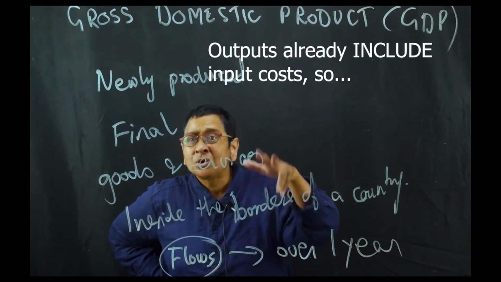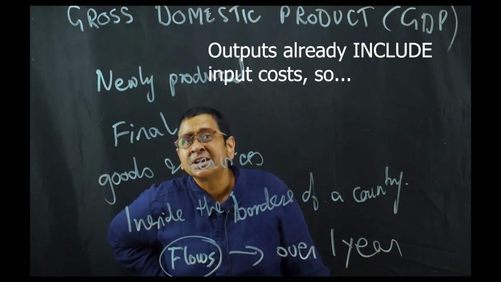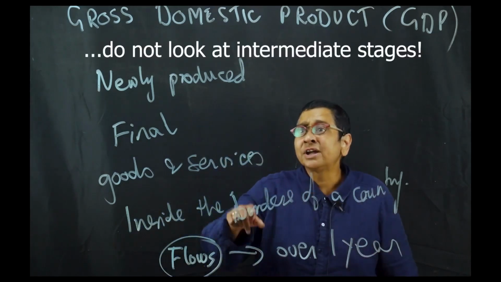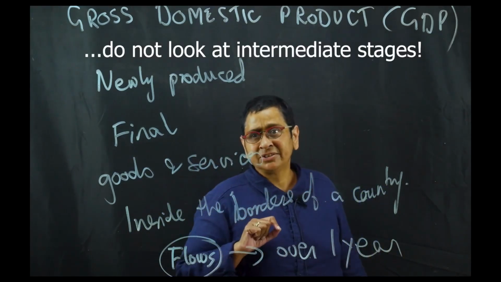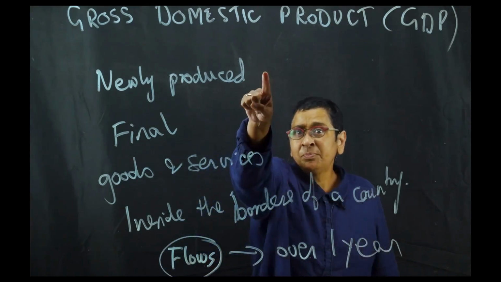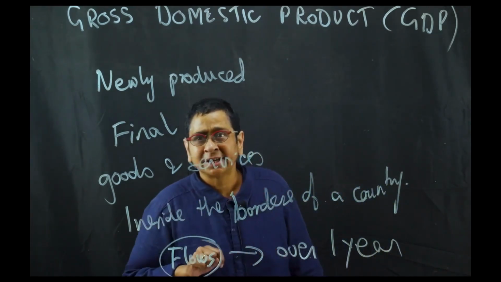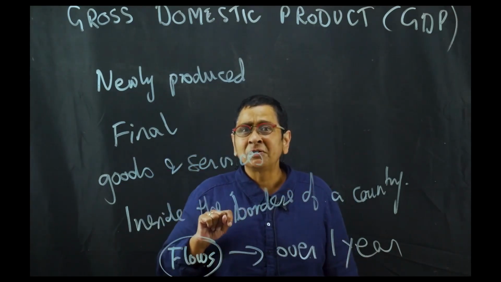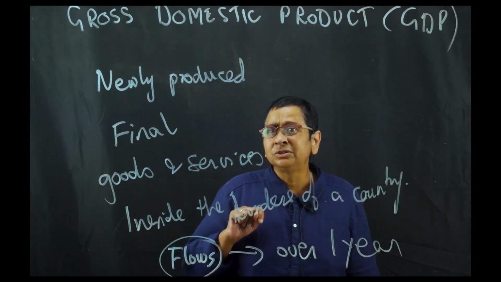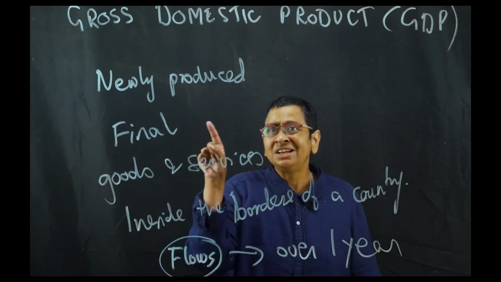So outputs already include input costs, and so therefore I'm going to look at final. I'm not going to look at intermediate goods and services, right? Newly produced, only this year, no second-hand stuff. Final, intermediate goods are already included in the cost of final goods, so I'm not going to re-include them.